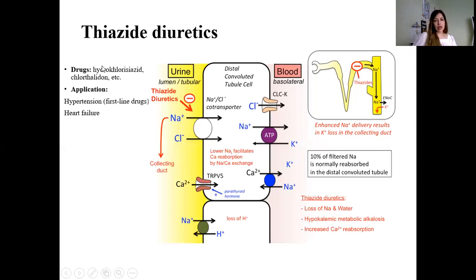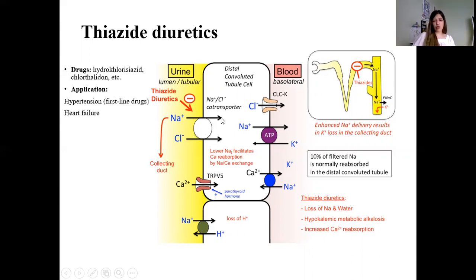Thiazide diuretics, hydrochlorothiazide, chlorthalidone, and so on, they are used in the distal tubule, and they block the sodium chlorine cotransporter. What happens here?